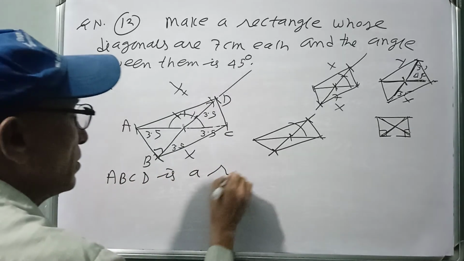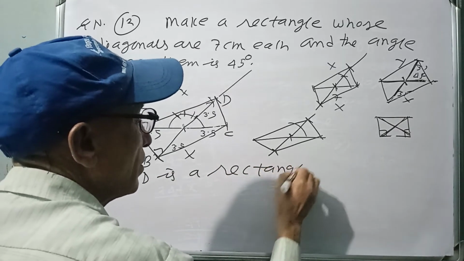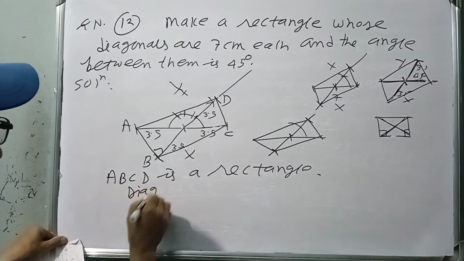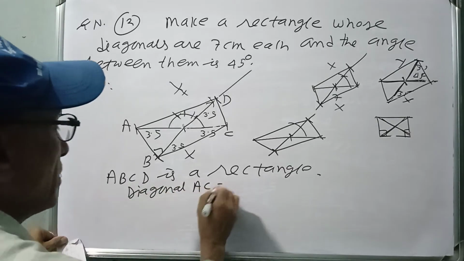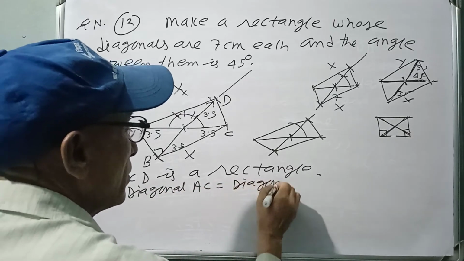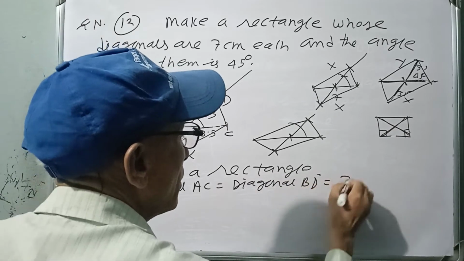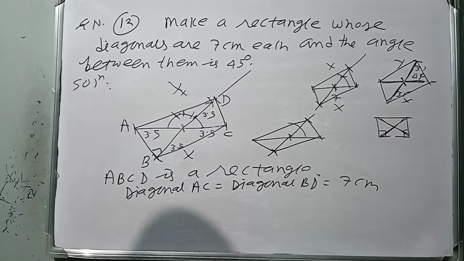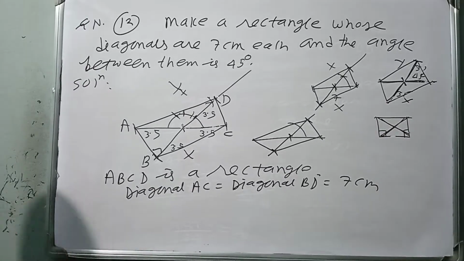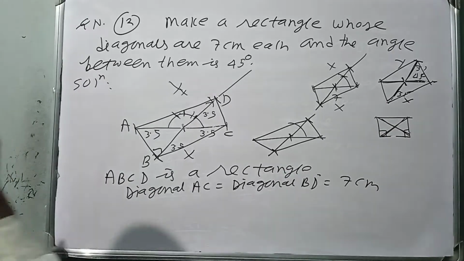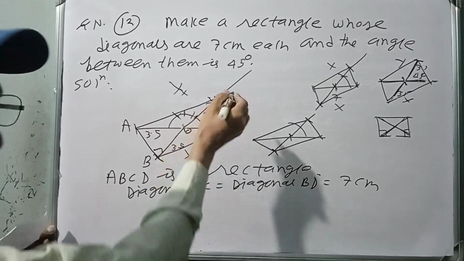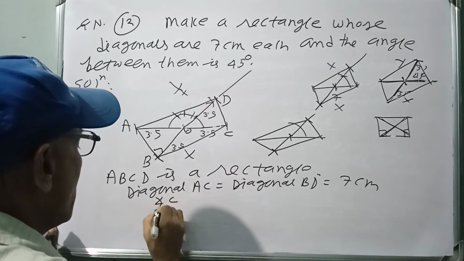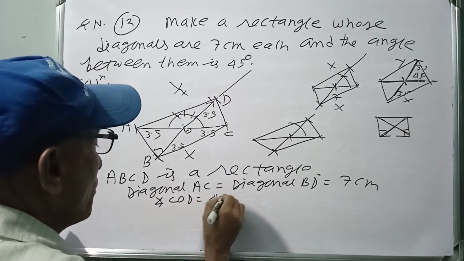is a rectangle. ABCD is a rectangle in which diagonal AC equals diagonal BD equals 7 centimeters. Diagonals are equal and they bisect each other at a point. And the angle between them, if they meet at O, angle COD is 45 degrees.